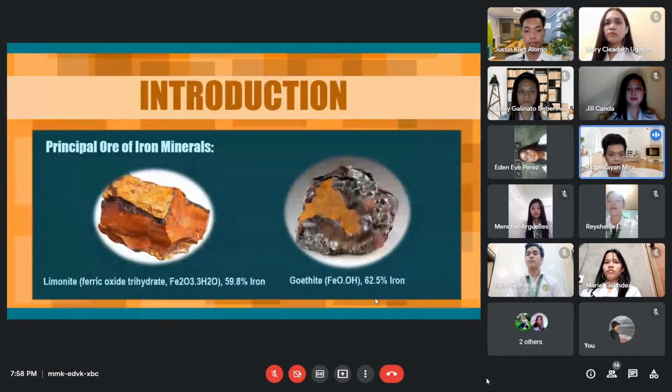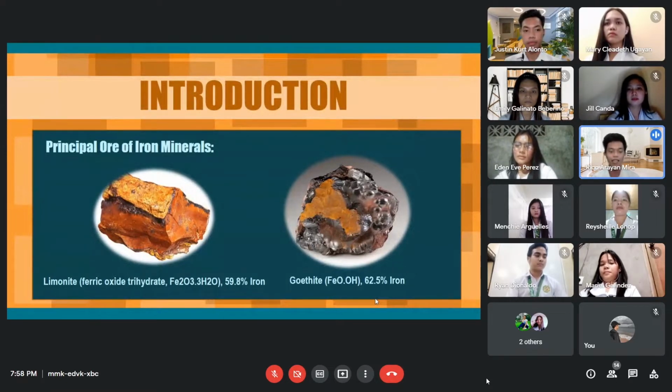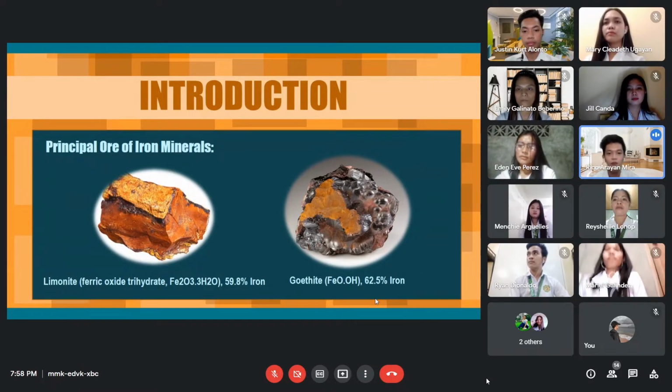Next, we have limonite, or the ferric oxide trihydrate, with the chemical composition of Fe2O3 bonded to 3H2O, and it contains 59.8% iron. And next is goethite, with chemical composition of FeO bonded to OH, which contains 62.5% iron.